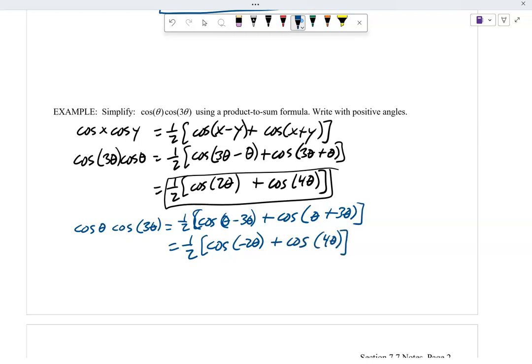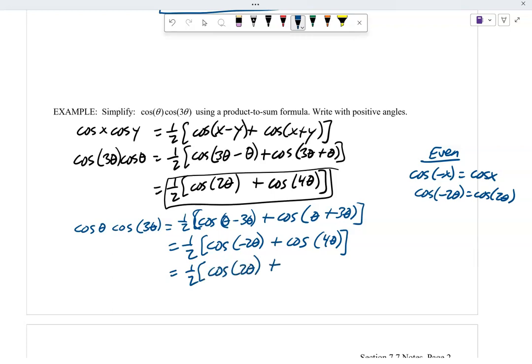Well, remember, cosine is an even function, and so the cosine of negative x is the same as the cosine of x. So here, cosine of negative 2 theta would be the same as the cosine of 2 theta. So you have to use the fact that it's even to finish this. There's an extra step there.